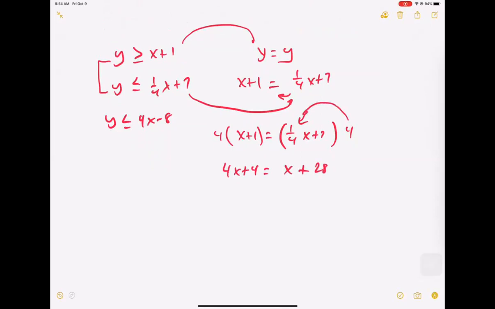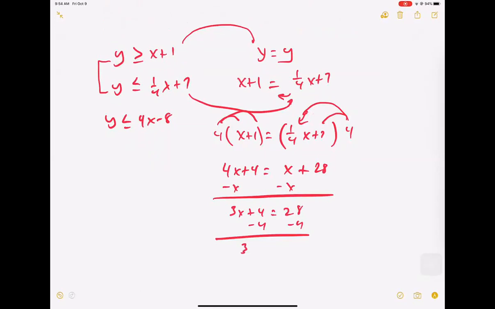So multiply 4, 4, 4, 4, and then the fraction is no longer a problem for us. Okay, x equals 8.